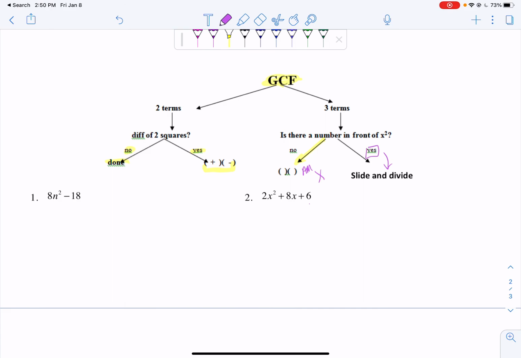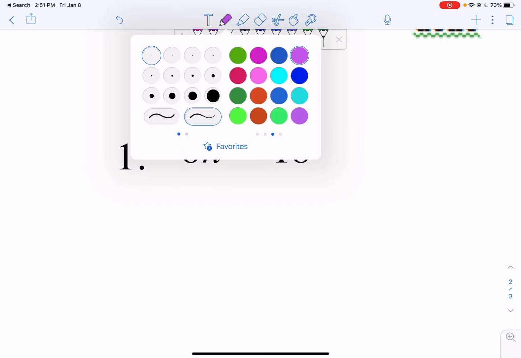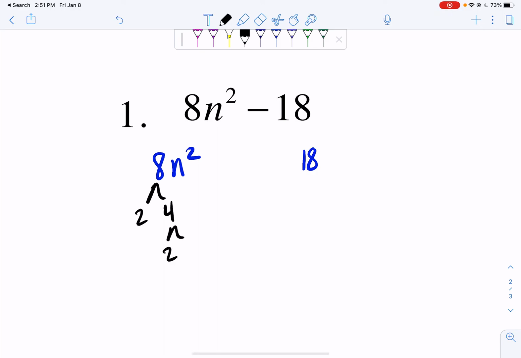So the first thing we have to ask ourselves, is there a GCF? So if I look at number 1, I have 8n squared minus 18. So I can do my prime factorization of each term. So 2 and 4 make 8, and then 2 and 2 make 4. Highlight those primes.